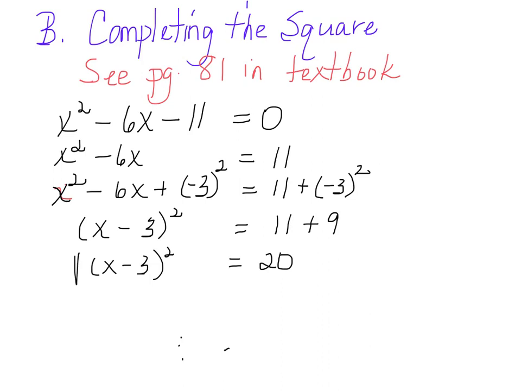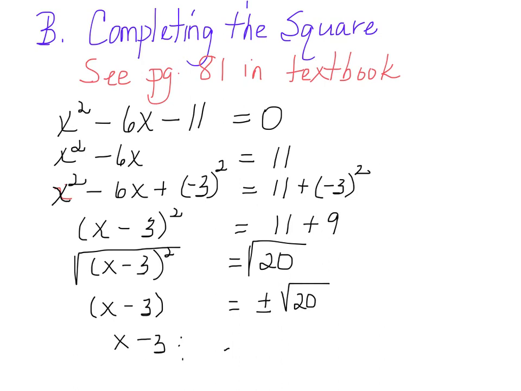Then you take the square root of both sides. Anytime you take the square root of both sides, it's going to remove the square on the left side. And on the right-hand side, you're going to get plus or minus. So you have x minus 3 is equal to plus or minus square root of 20. Well, we can rewrite that as 4 times 5 because 4 is a perfect square.